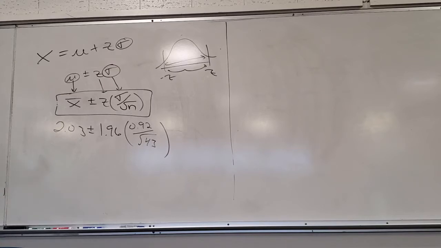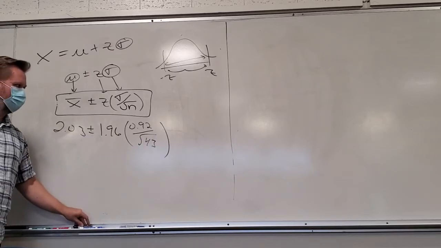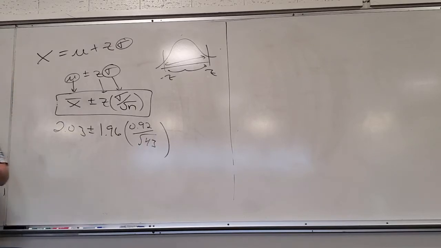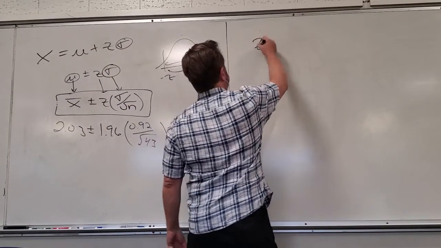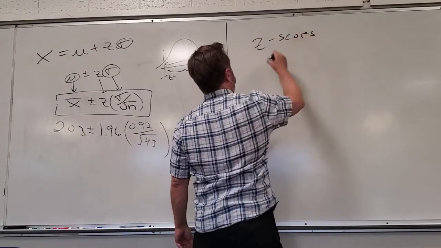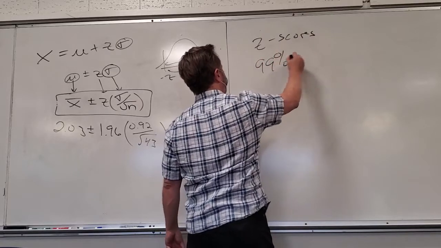Okay, now. Let's see if you guys can do this. Everybody got their z-score charts at the ready? Can you find for me what the z-scores would be if I want to be 99% confident?